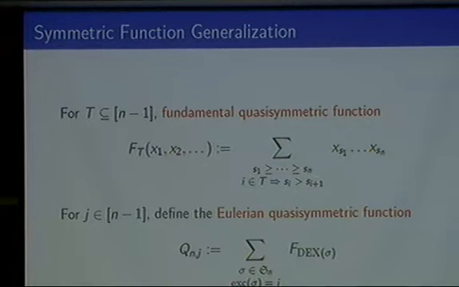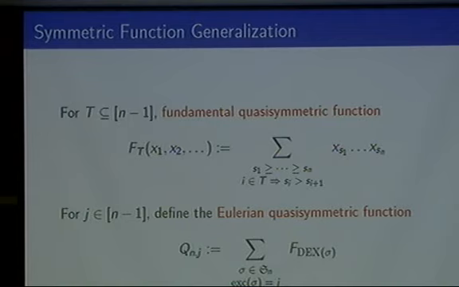I won't define what a quasi-symmetric function is. It's enough to know what this is, this F sub T. When we have a subset T of the set of numbers 1 through n minus 1, we can talk about F sub T of this, and that's defined this way. And the notion of quasi-symmetric function was introduced by Ira Gessel.